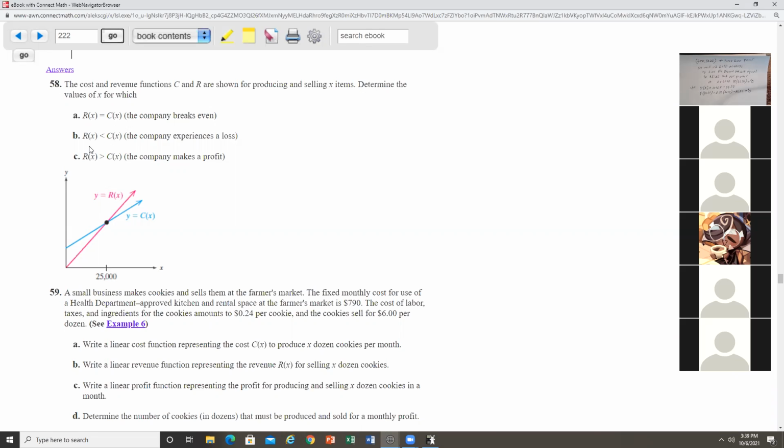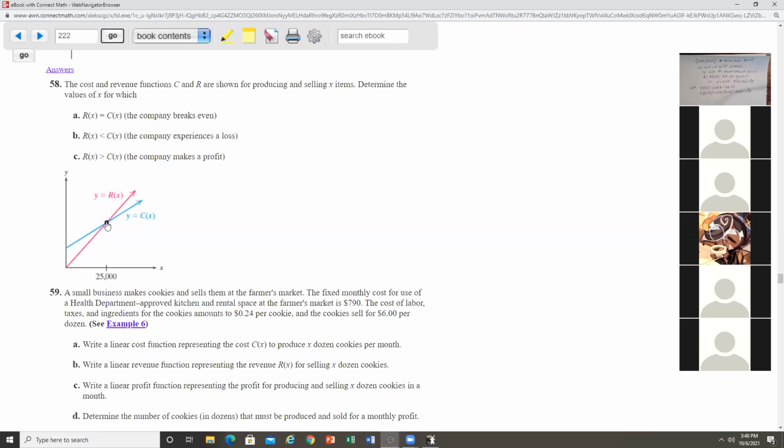How many widgets must we sell, ladies and gentlemen, in order for the revenue function to be less than the cost function? If revenue is less than cost, that means we're bringing in less money than we're laying out. That means we're in trouble. We're losing money. The break-even point is 25,000 widgets. Notice for X values less than 25,000, the red line is below the blue line.